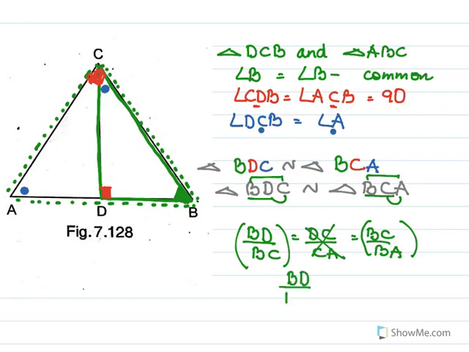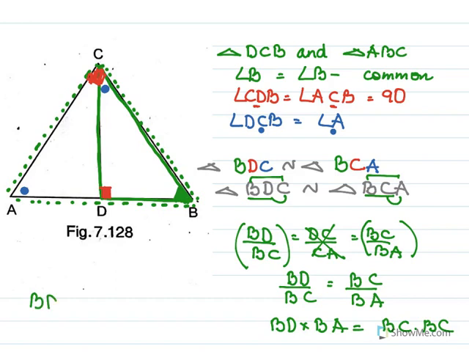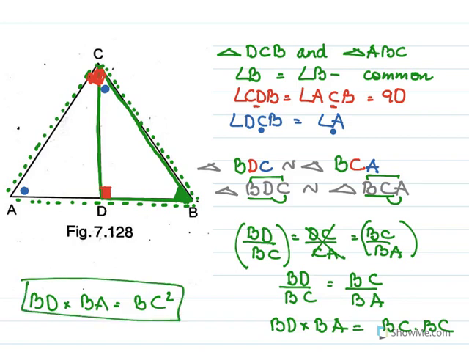So I have BD over BC equal to BC over BA. Cross multiply and I get BD into BA equal to BC into BC, which means BD into BA equals BC square, equation 2.